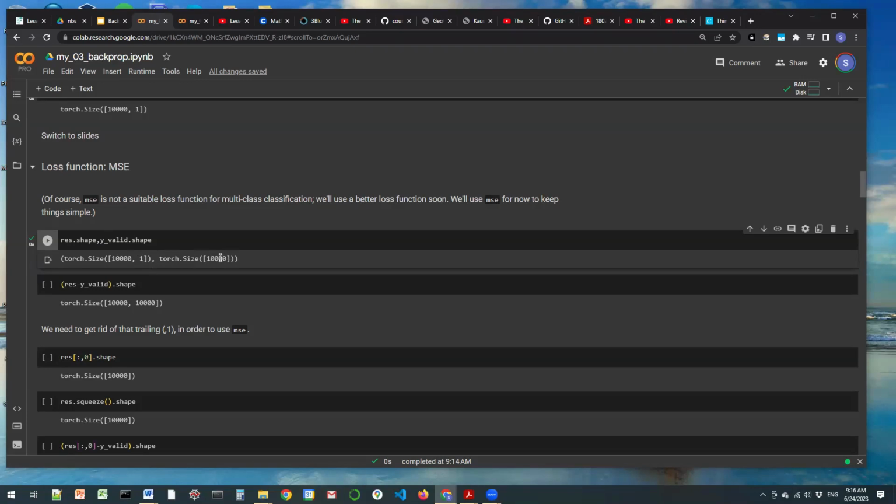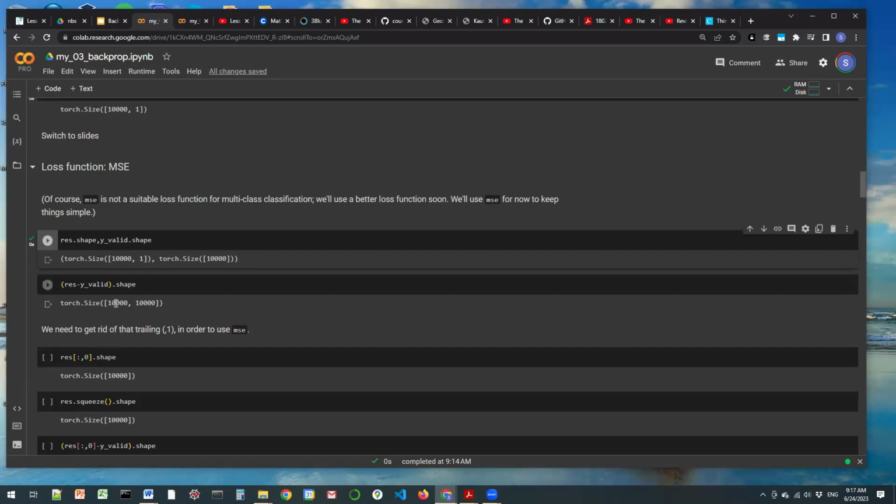So we need to get the shape of the Y valid to match that of the result. That can be done in 2 ways. We either squeeze the result shape, and whenever we say squeeze in NumPy and PyTorch, we get rid of all unit axis vectors in the shape.